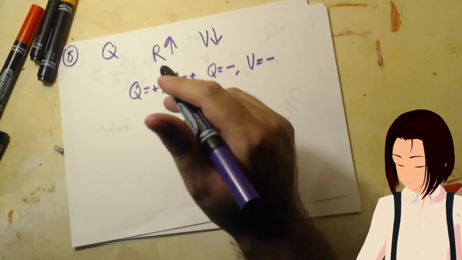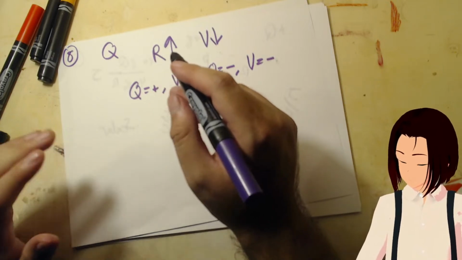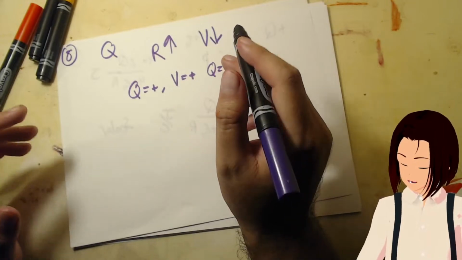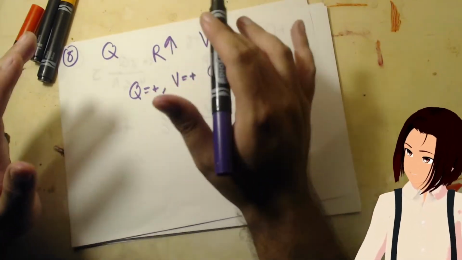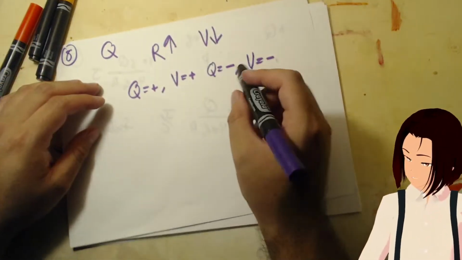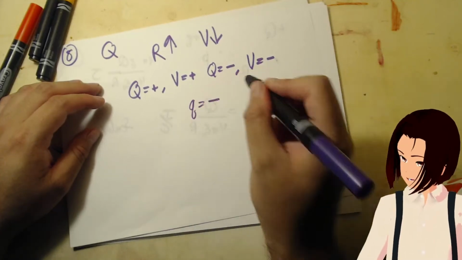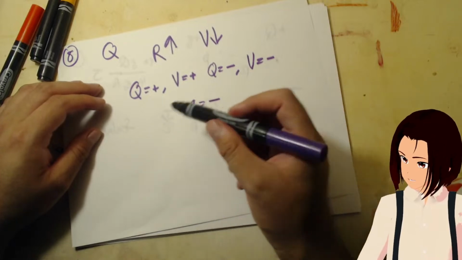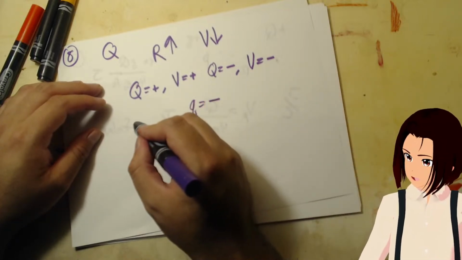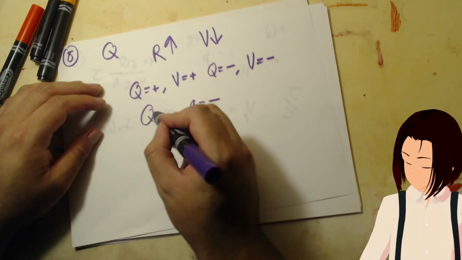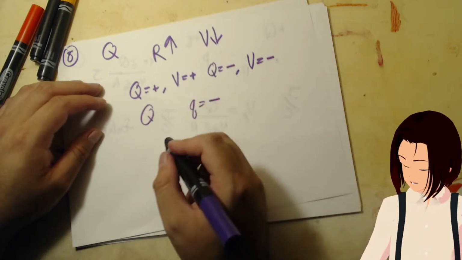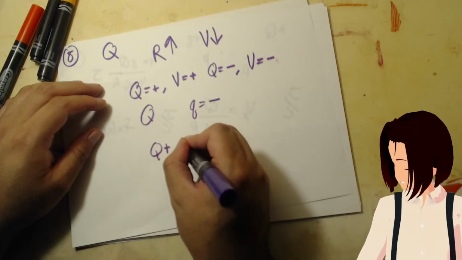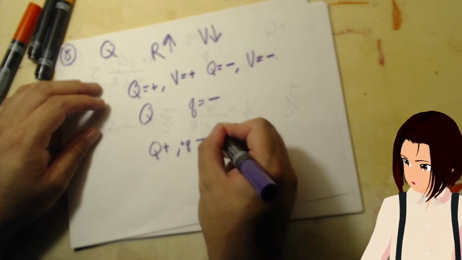If the charge is negative, it wants to go there anyway. Think about this. If the test charge is negative, it wants to go to the positive Q. If Q is positive, a positive test charge wants to go away.